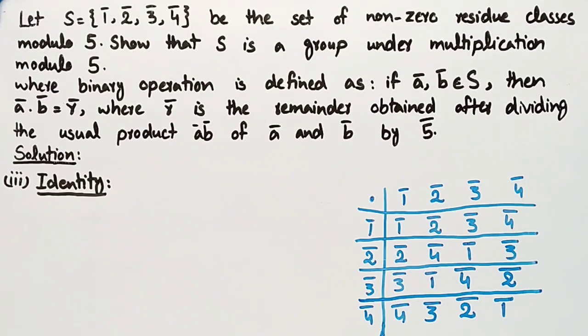In the third axiom of a group, we have to show the existence of an identity element. 1 is the identity element under the binary operation multiplication.